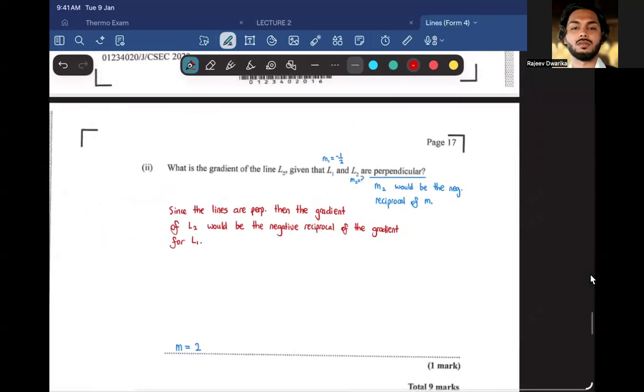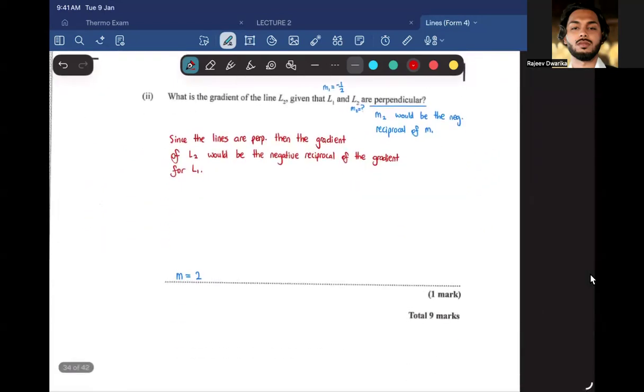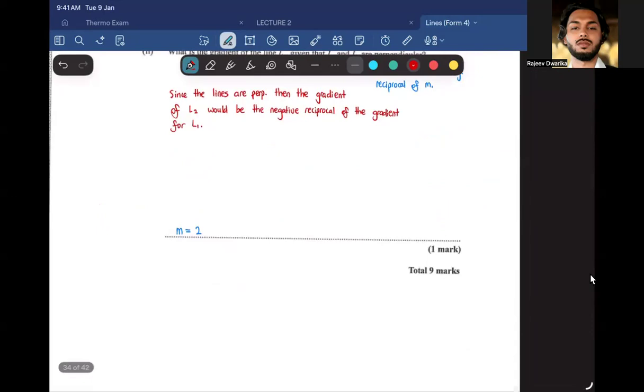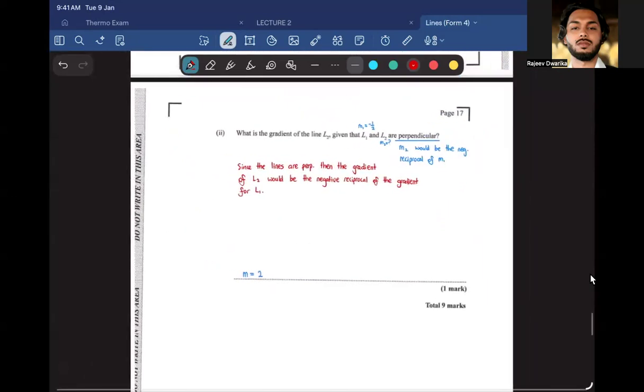But truth be told, guys, you don't have to put all that. Saying M is equal to 2 is enough. This is a 1 mark question, which just means state the answer.